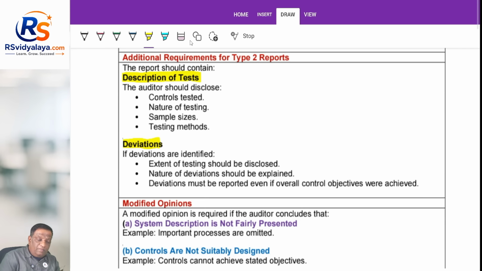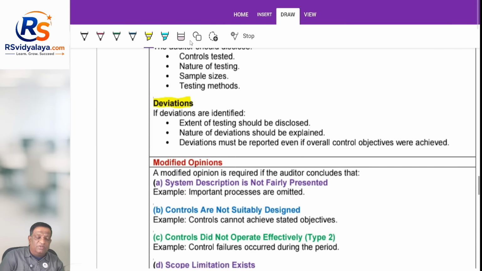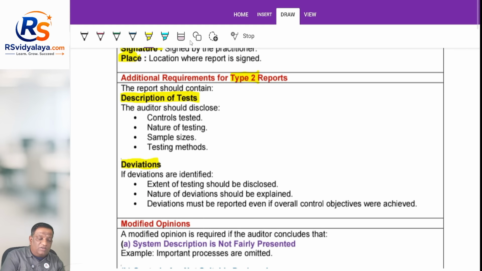Then if it is a type 2 report, apart from the above, additional points would come in, that is the description of tests, because here he has only described the system, but under type 2 he has to talk about the effectiveness of it. The auditor would talk about what tests he has performed, the nature of testing, the sample size, the testing method.